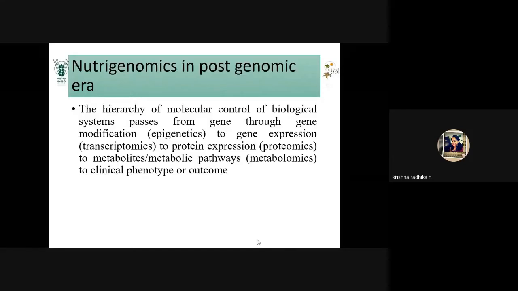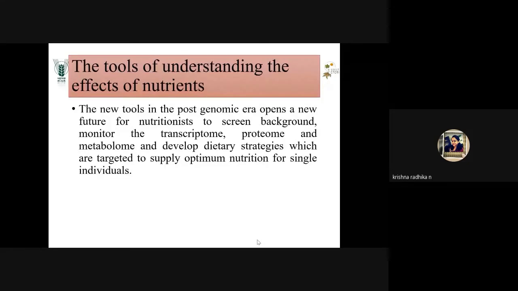Finally, we will be seeing the effect as phenotype or outcome. The new tools in the post-genomic era open a new future for nutritionists to screen the background, monitor the transcriptome, proteome, and metabolome, and develop dietary strategies which are targeted to supply optimum nutrition for single individuals.